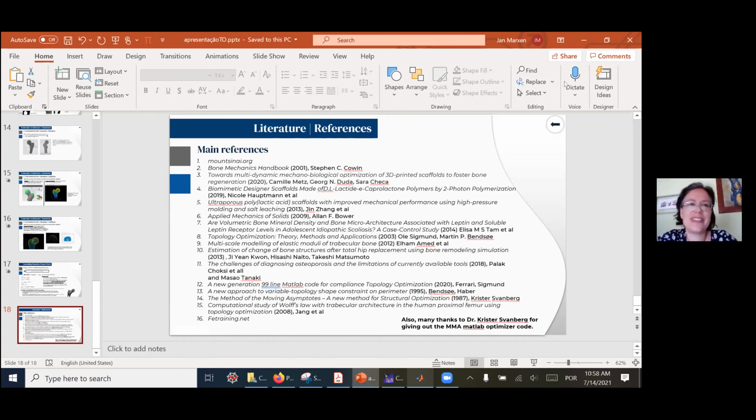Can I ask a question? Yeah, of course. A small one. Just to clarify, do you use MATLAB to solve the optimization problem? Yes. What kind of solver do you use in MATLAB? Well, the topology optimization.